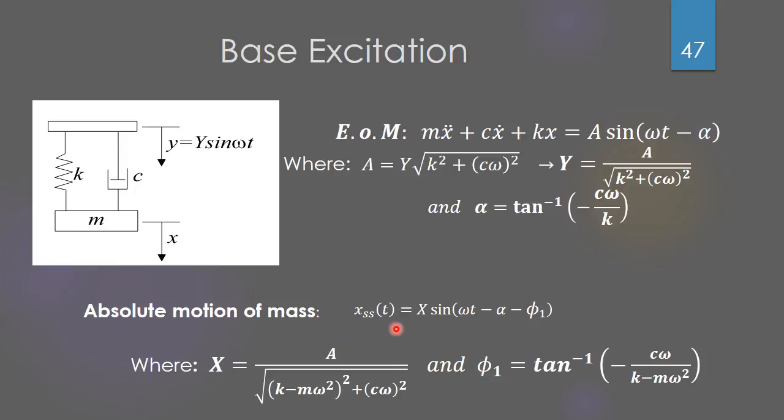Then we solve for the steady state solution for the mass, which is equal x, the amplitude, sine omega t minus alpha, the phase angle, and from there we got the value of the amplitude and the angle.